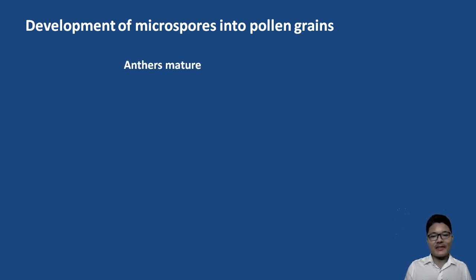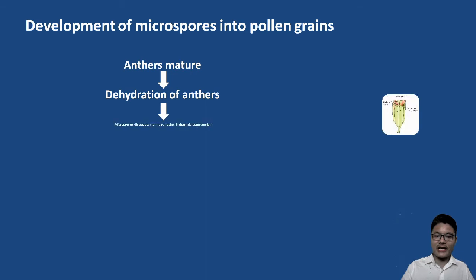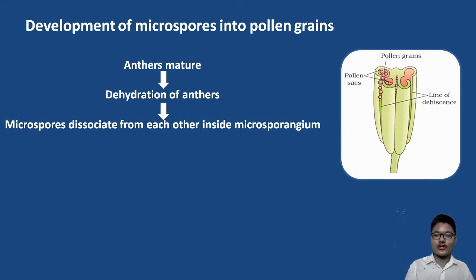For that, the anther has to mature. So after the maturation of the anther, there is drying up of the anther, which can be technically called dehydration of the anther. As the anther dehydrates, there is dissociation or separation of microspores formed within the microsporangium.